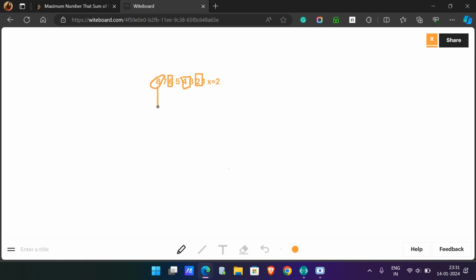Now for this position, if I want to check whether I can put 1 or not, so how much the price was when there was 0. So let me fix 0 over here.